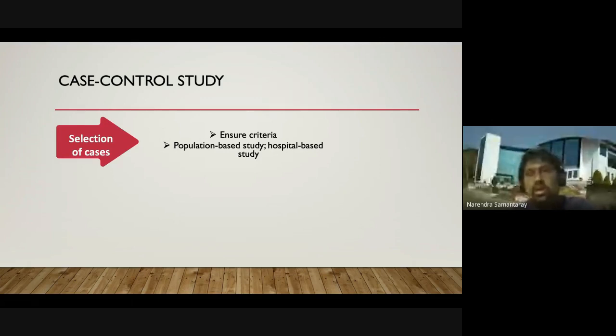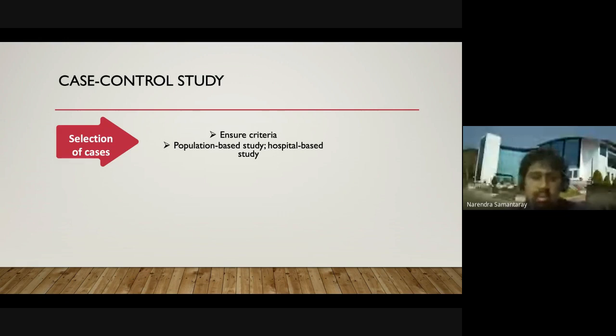For a certain disease, what criteria am I going to follow? Disease criteria are well explainable if you're taking psychological diseases: ICD-10 criteria are there. But for any other health condition, say quality of life or happiness, you have to be very sure what you mean by happiness and what you mean by quality of life. What things do you need to operationally define? If these things are there, then you can say that they have this case or they don't. You have to be very sure of that.